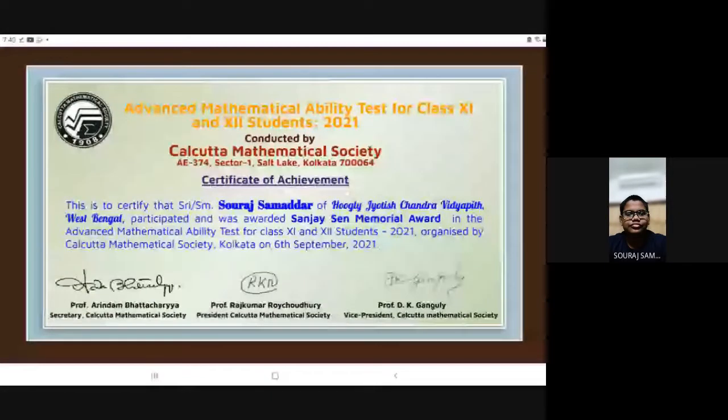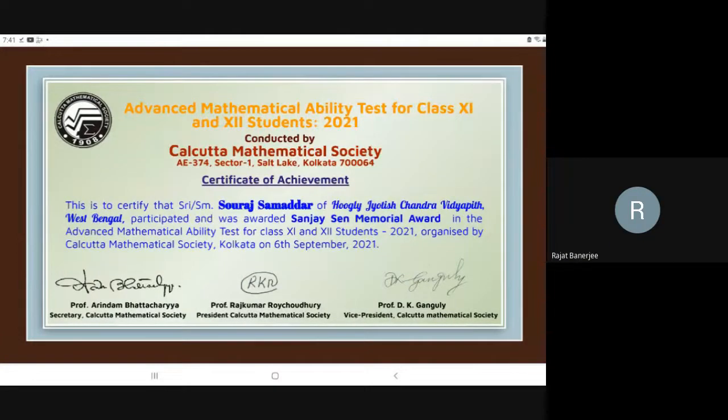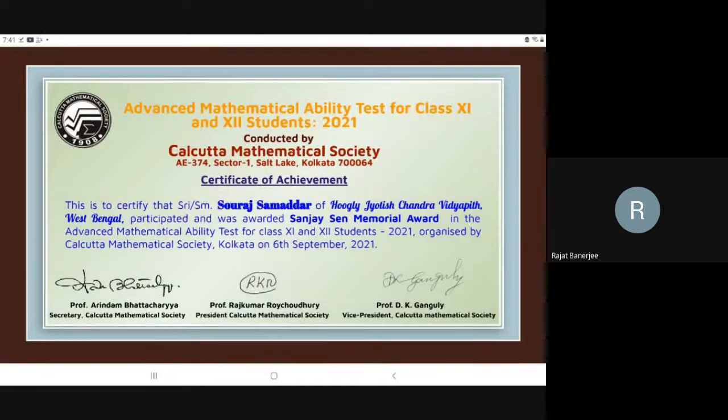This is your certificate, and a 3,000 cash award will be given to you also. I will send these certificates within 1 or 2 days to your email address.